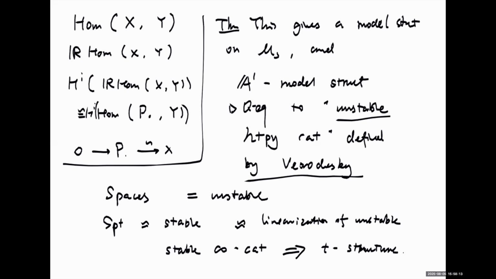Okay, the next goal is to talk about the stable version of the motivic space. And it is a bit similar, but I want to say a bit more about the motivations. Now we have MS, which is the category of motivic spaces.